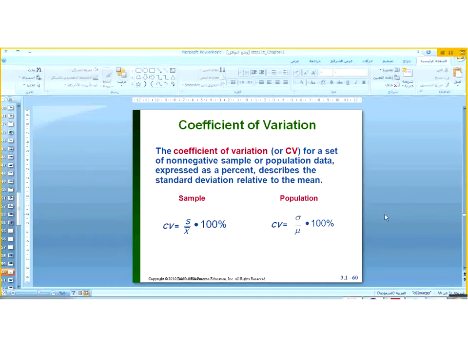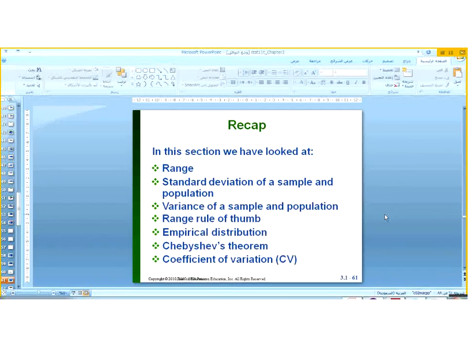Clear? So I use it to compare between two sample variations or two population variations.